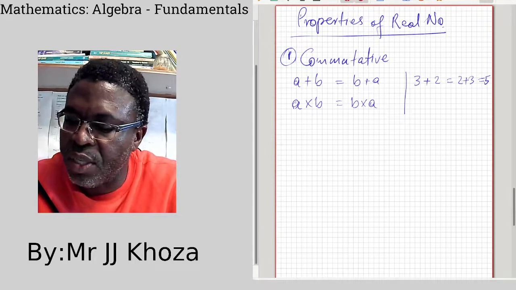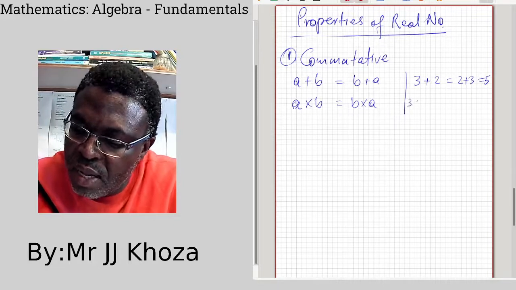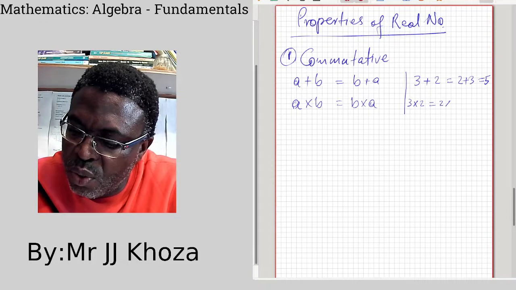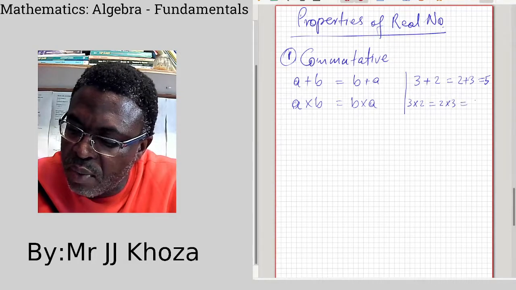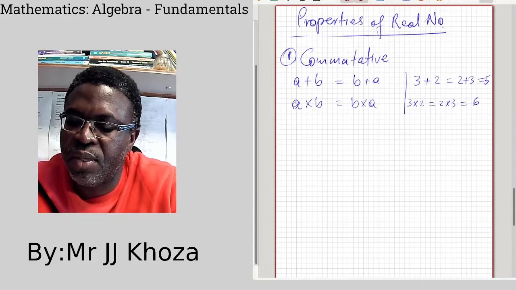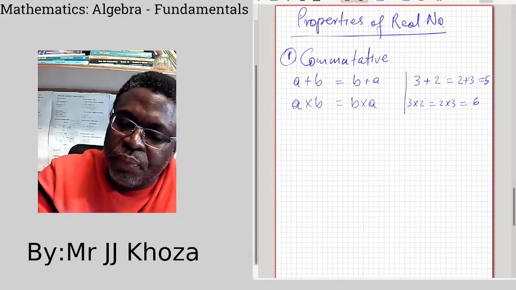It does not change. 3 multiplied by 2 is the same as 2 multiplied by 3. The answer will not change, 6. Nothing changes. You see?